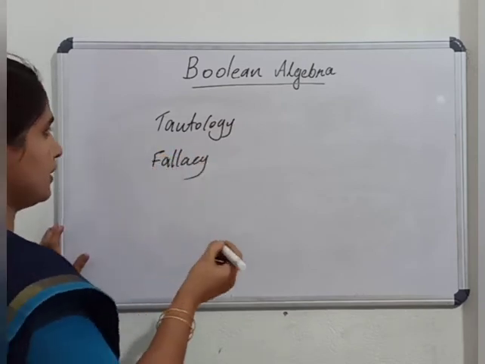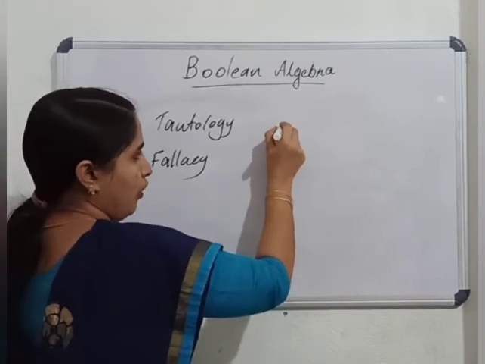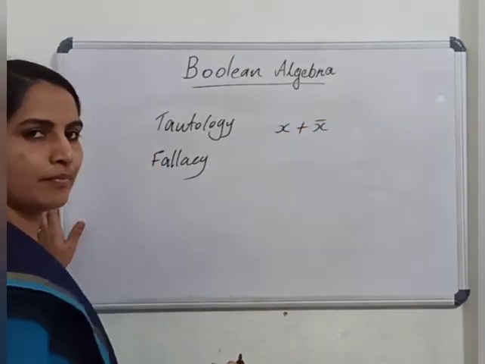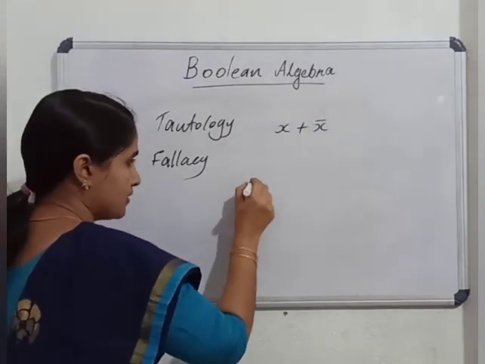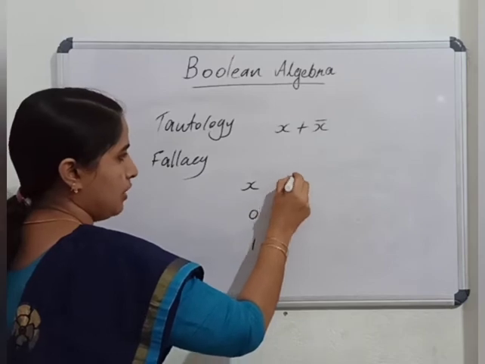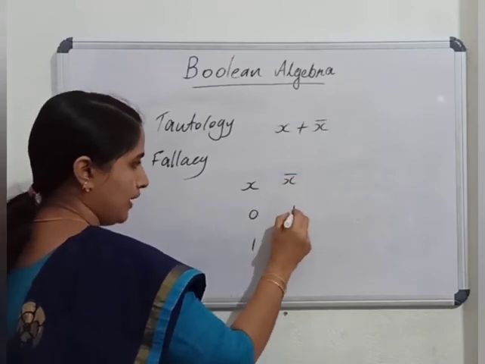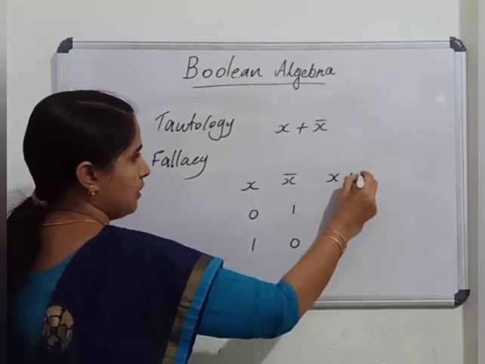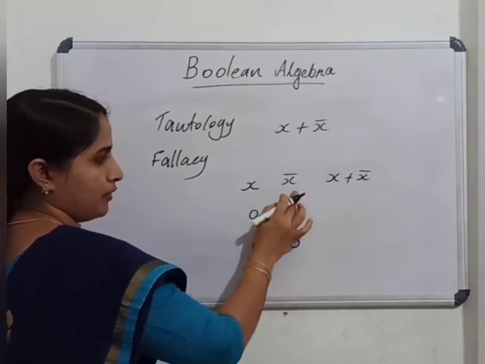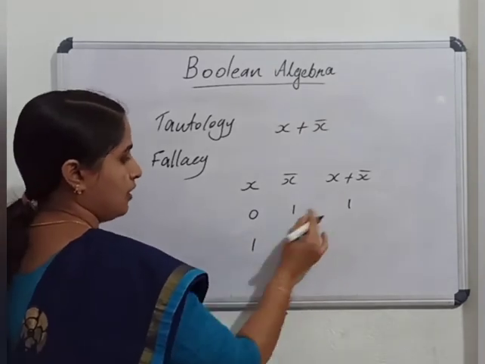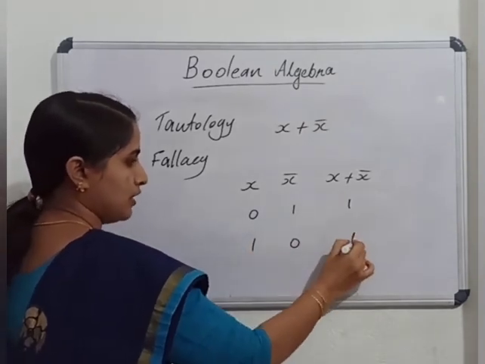Okay. Now we can draw the truth table of the Boolean expression x OR x bar. So what is x? Possible combinations 0 and 1. X bar: if x is 0, x bar is 1. If x is 1, x bar is 0. Then x OR x bar: 0 OR 1 is 1. 1 OR 0 is 1.